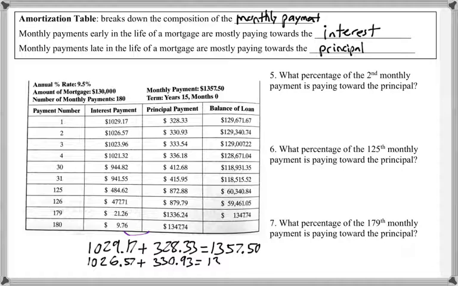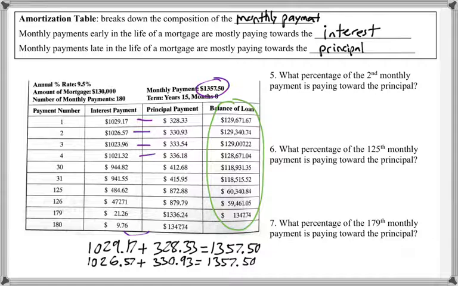That also equals $1,357.50. So each row adds up to be the monthly payment. And then on the right, the balance of the loan starts at $130,000 and it's working its way down to zero.